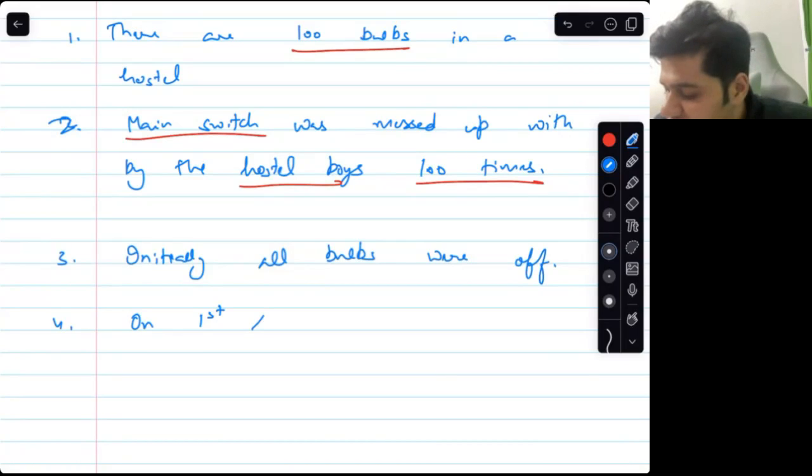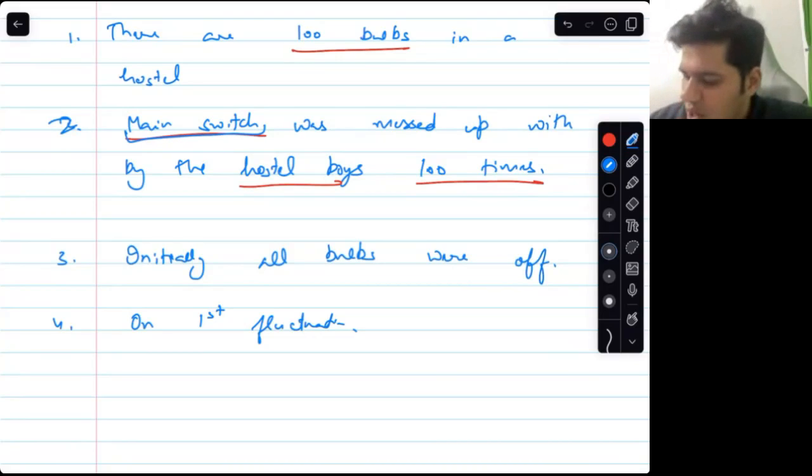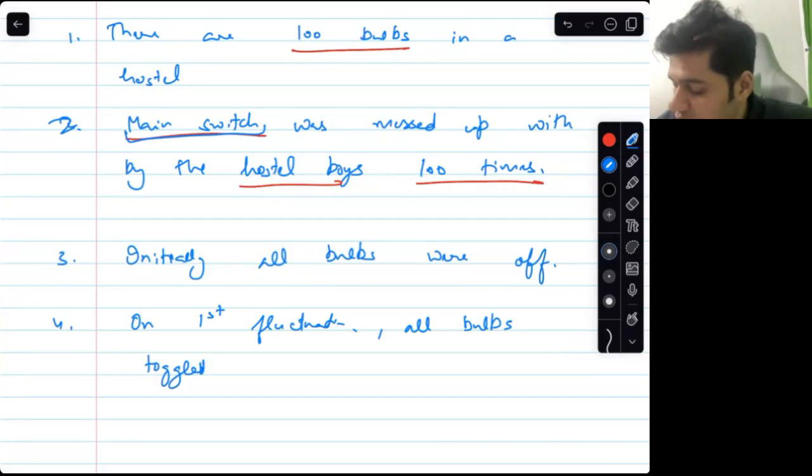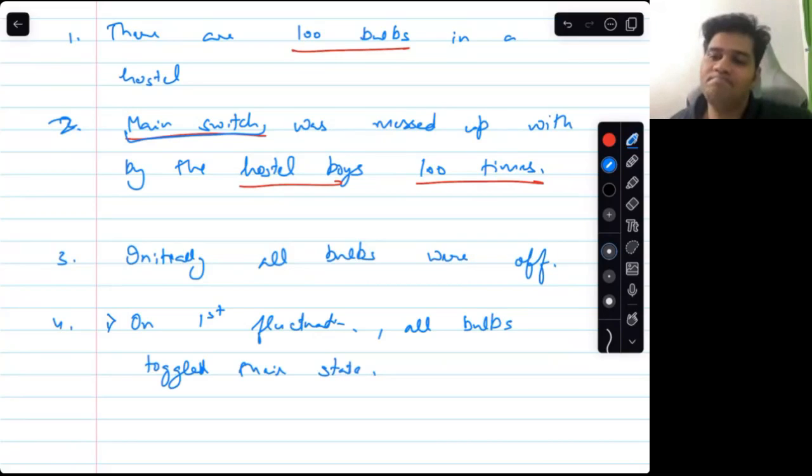On first fluctuation, when they mess up with the main switch, the voltage fluctuates. On the first fluctuation, all bulbs toggled their state. So all were off, all became on.